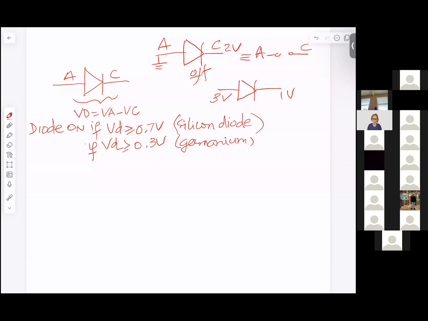Is this diode on or off? One side connects to 3 volt, the other side 1 volt. So this is V D. The anode is greater than the cathode, so it's on. V D equals V A minus V C, which is 2 volt, and 2 volt is greater than 0.7.